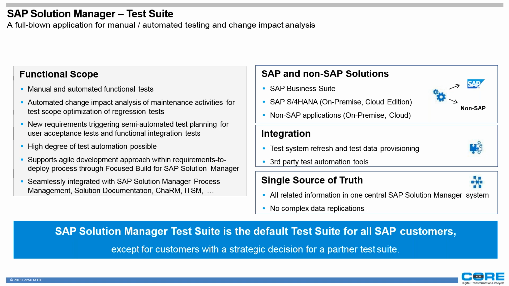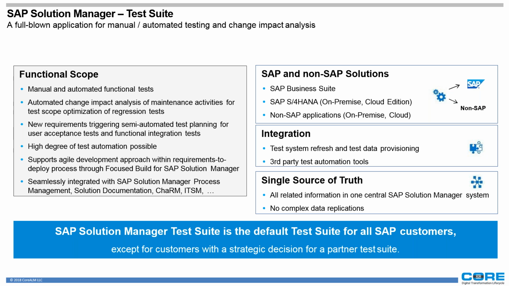So from that perspective, it's an end-to-end tool where you can go from requirements through the build phase, and then on the testing side you'll be able to test pretty much any of those scenarios. This tool can be used for SAP or non-SAP solutions, especially when it comes to manual testing.